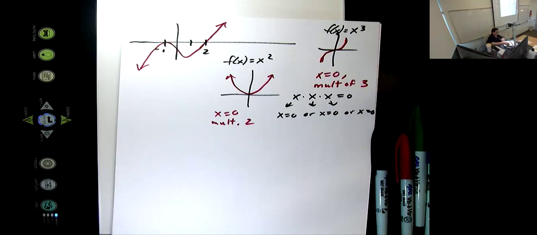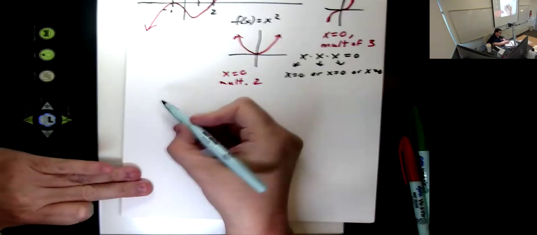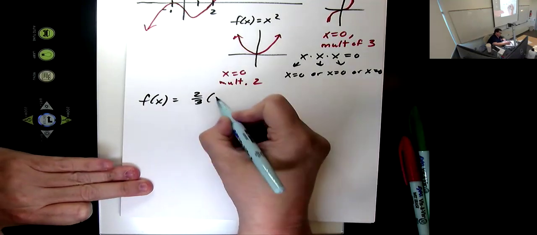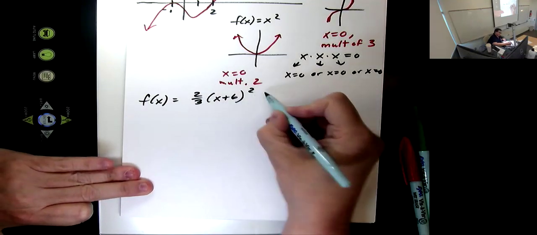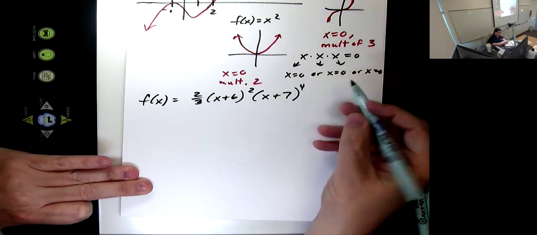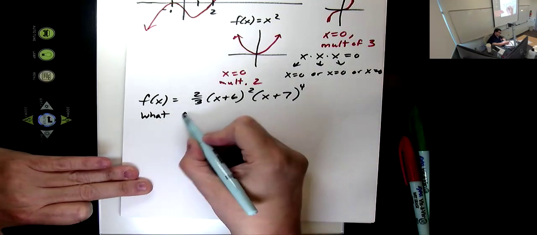All right, so if I have f of x equals 2/3 times x plus 6 squared times x plus 7 to the 4th power, what are my roots and multiplicity?